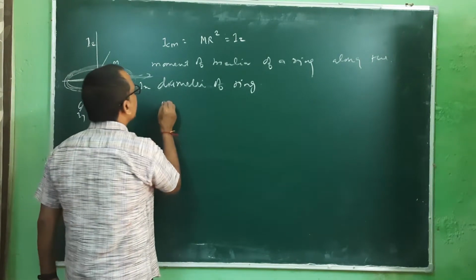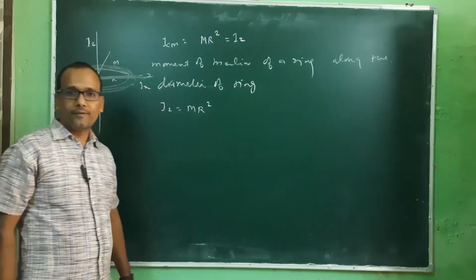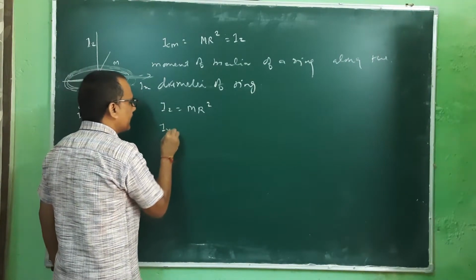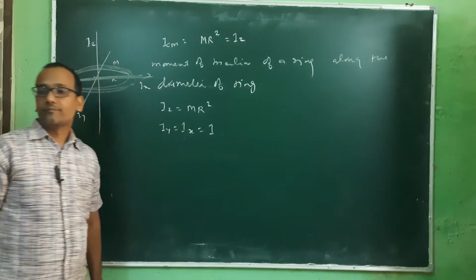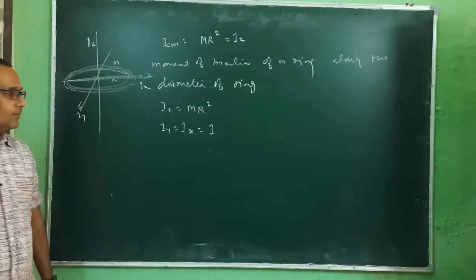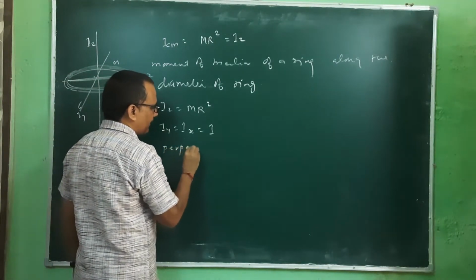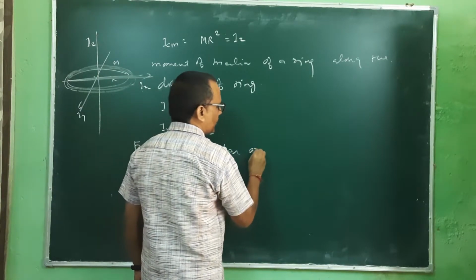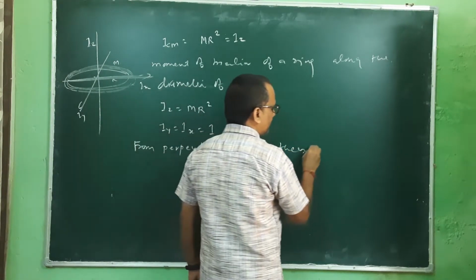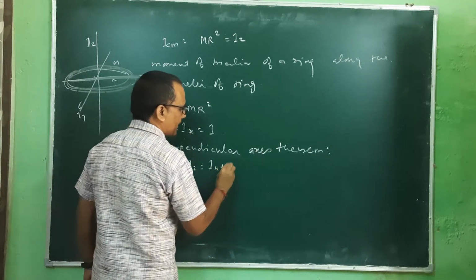So this Iz is equal to mr square, previously calculated. Iy is equivalent to Ix, it is equivalent to I, because both are identical. So from the perpendicular axis theorem, we have Iz equivalent to Ix plus Iy.